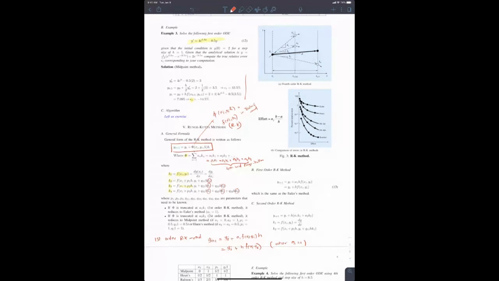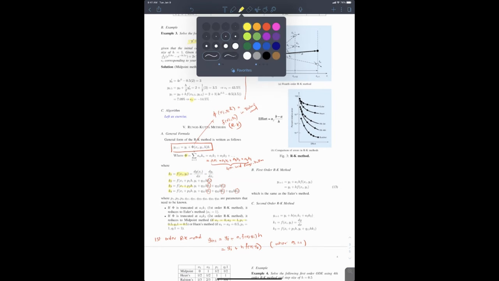Second order: you can show that when you write the formula, the second order reduces to the midpoint method if you select these values for the a's. It reduces to Heun's method if you select the next set of values.